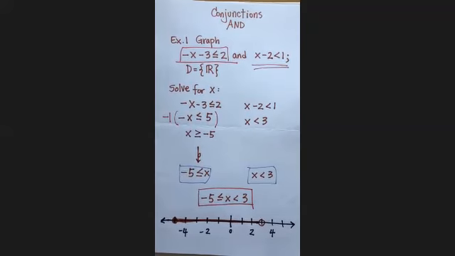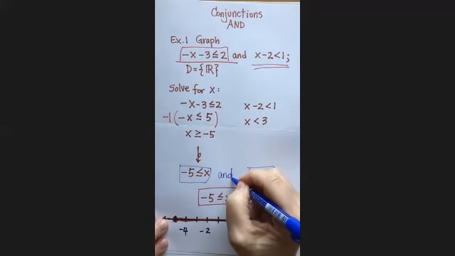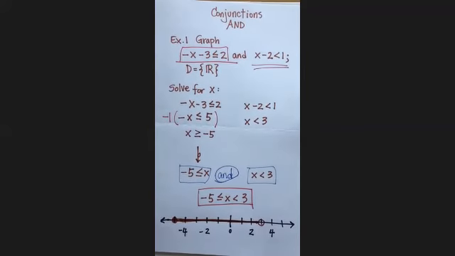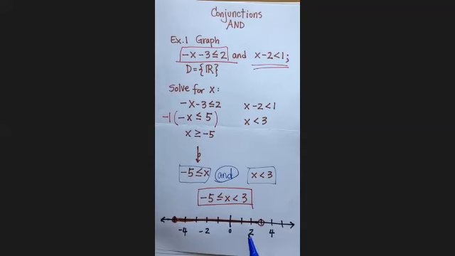The expressions are connected by the grammatical conjunction "and," and the graph on a number line should look like a single line segment or a single row of dots. So I hope this helped you to understand the concept of conjunctions.